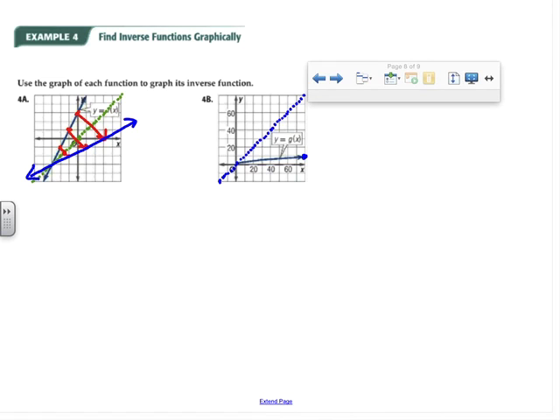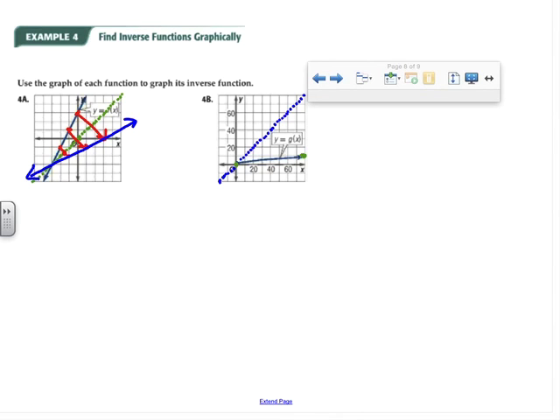Maybe I would graph this point, and do it in a different color though. I know it's going to pass through that point. Because the curvature of this graph is so very similar to a straight line, I'm just going to use the one point that I got.